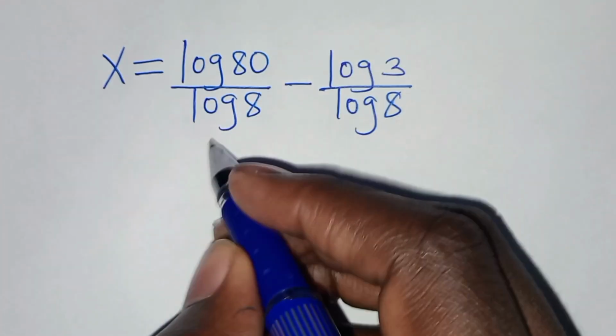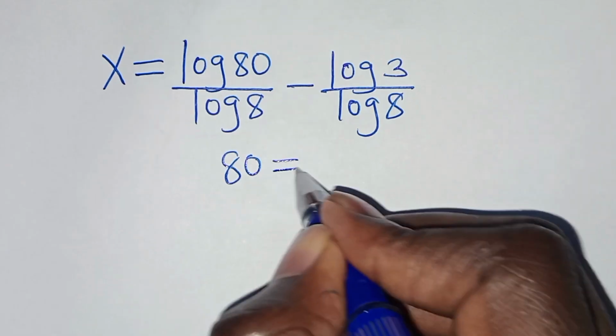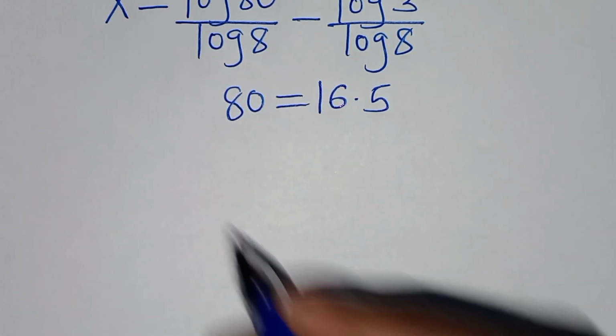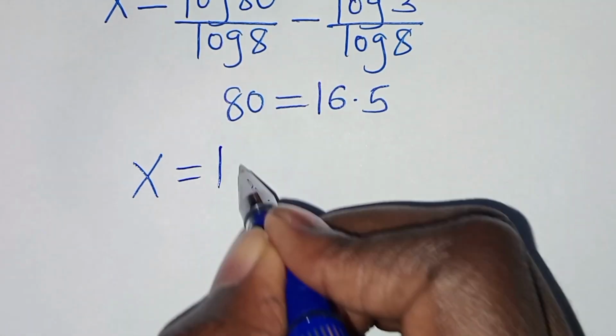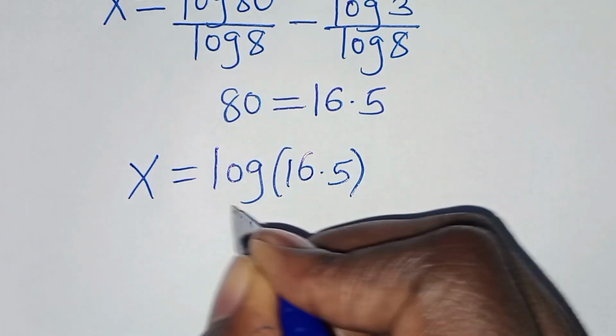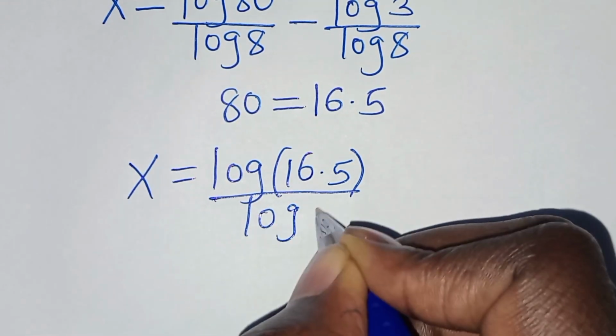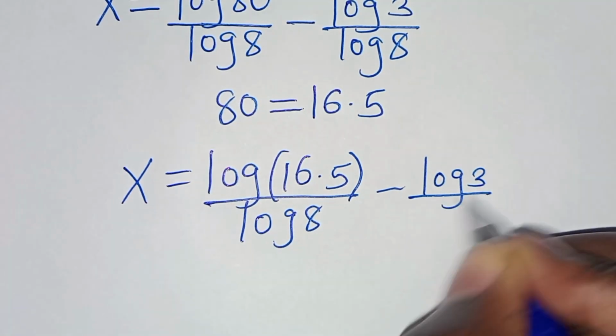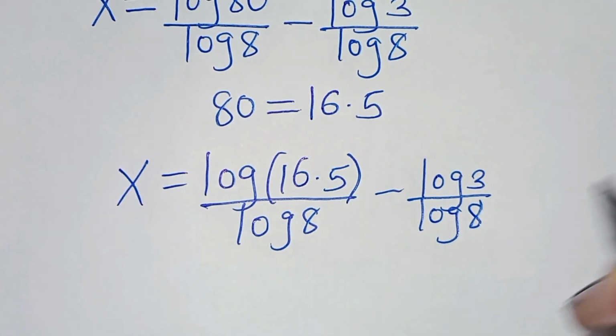Now from here, we can express 80 as 16 times 5. So this implies that x is equal to log 16 times 5 divided by log 8, then subtract log 3 divided by log 8.